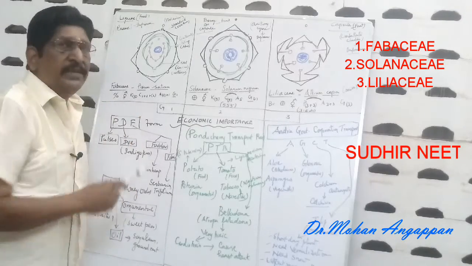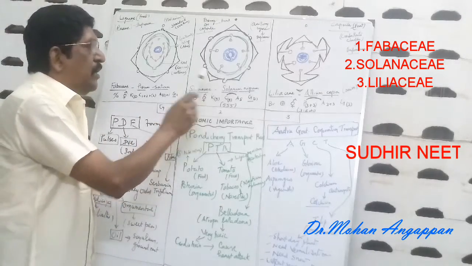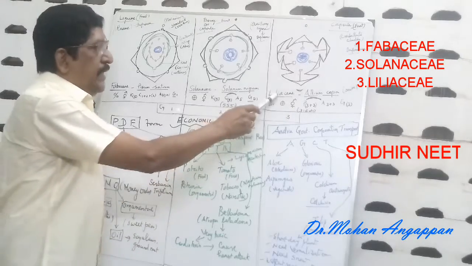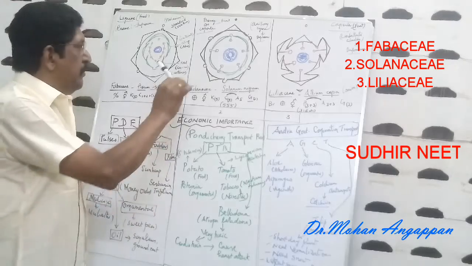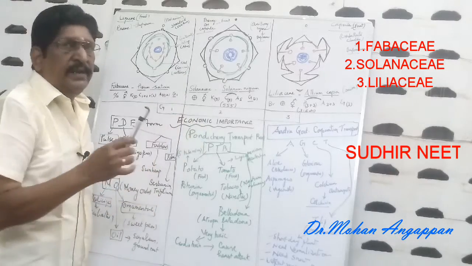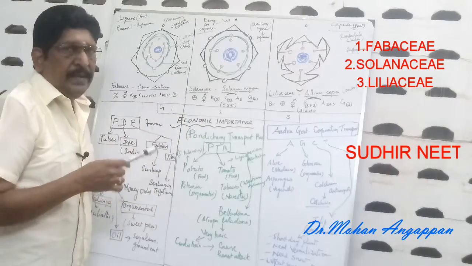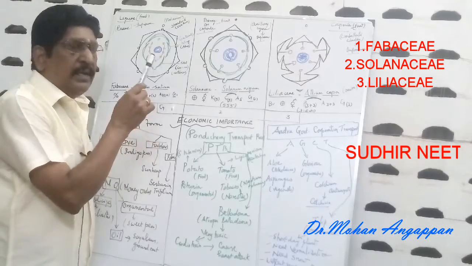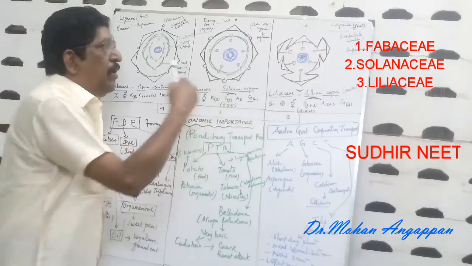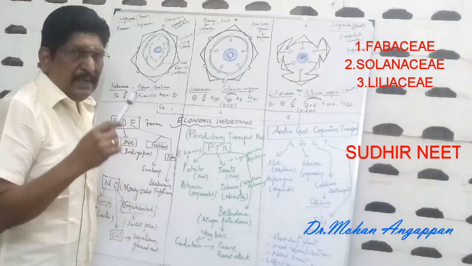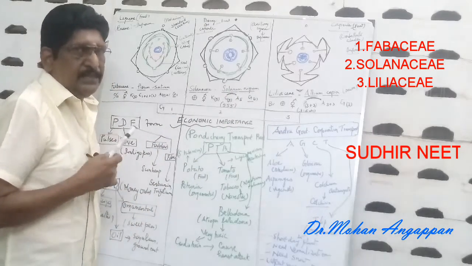Fabaceae, example Pisum sativum. Solanaceae, example Solanum nigrum. Liliaceae, example Allium cepa. So to remember easily, for Solanaceae you can remember the 555 number, K5, C5 and A5, 555. Whereas in Liliaceae all the parts are 3 in number. Remember the number 3 Idiots.